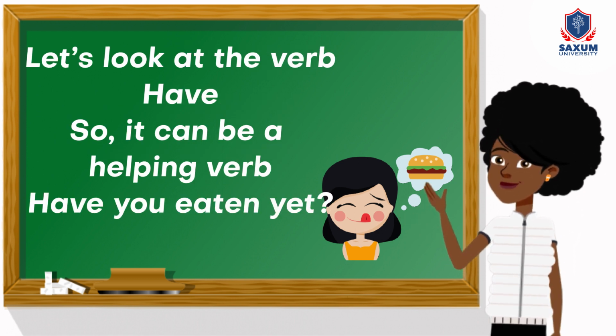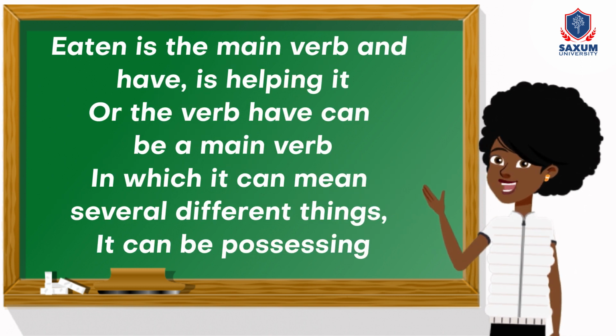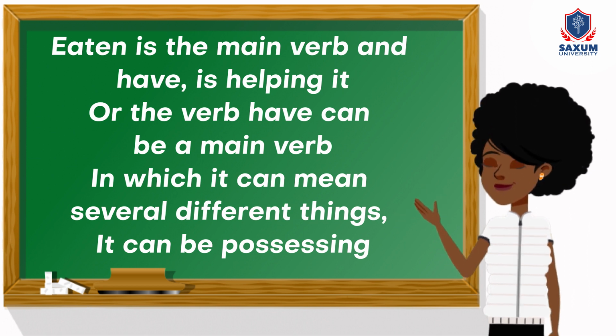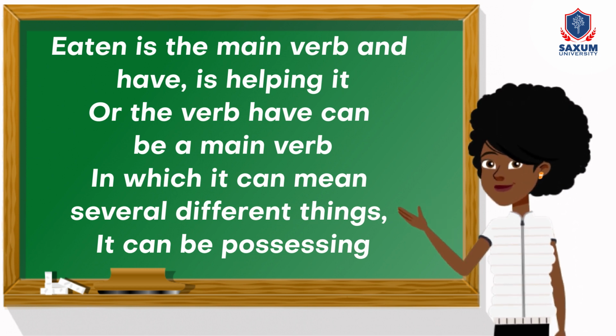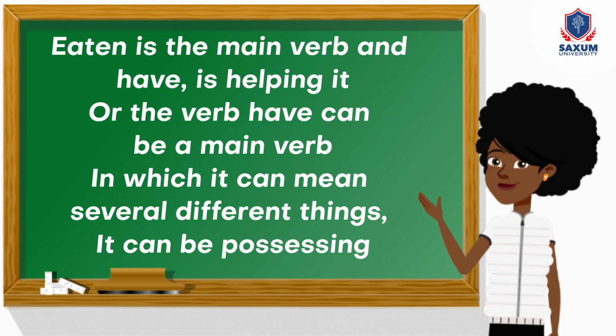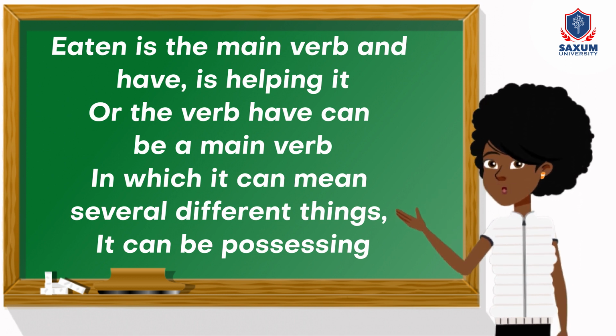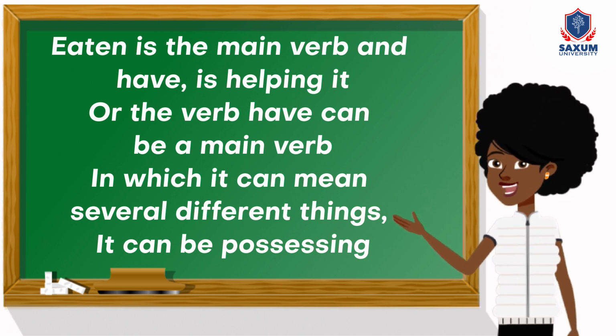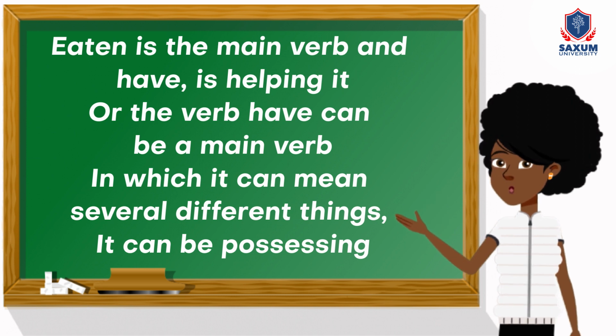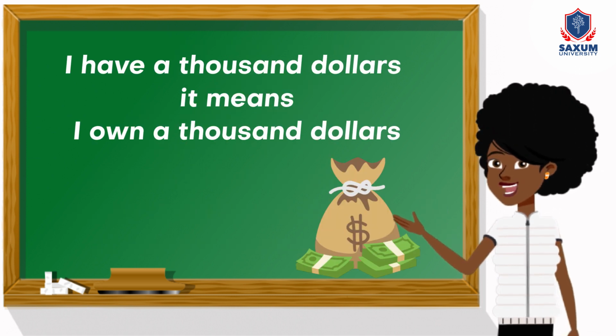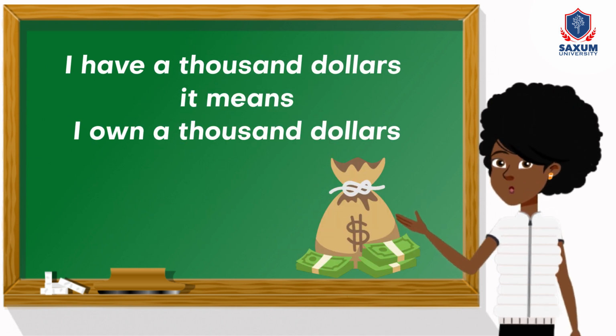Let's look at the verb have. So, it can be a helping verb. Have you eaten yet? Eaten is the main verb and have is helping it. Okay. Or the verb have can be a main verb, in which it can mean several different things. Okay. It can be possessing. I have $1,000, it means I own $1,000.